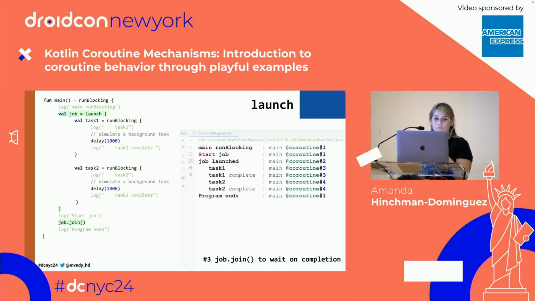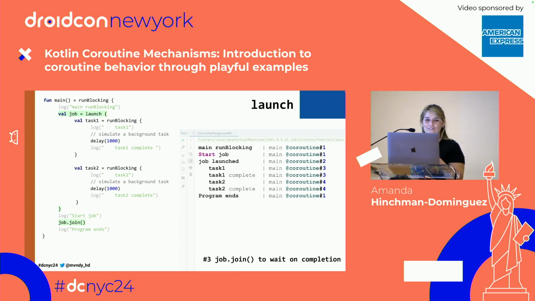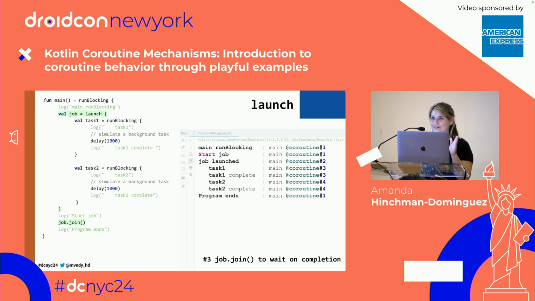But because we have that job.join, we now have to suspend coroutine number 1 to wait for coroutine number 2 to finish, but coroutine number 2 has some child tasks. So then we go back to run blocking. We know what the rules for run blocking are. We just have to finish whatever's in there and not move on until that's completed. There is no interruption. We got to finish it.